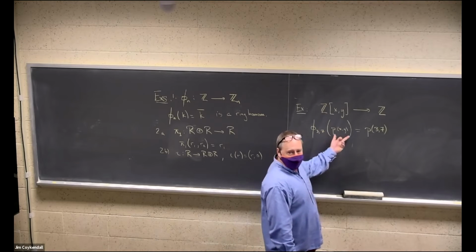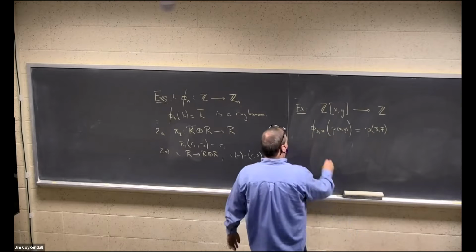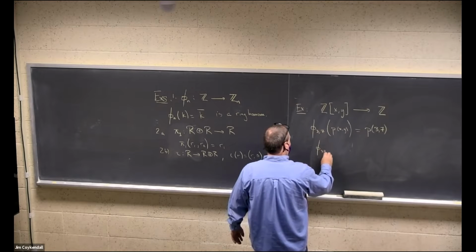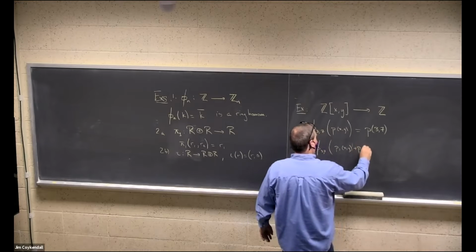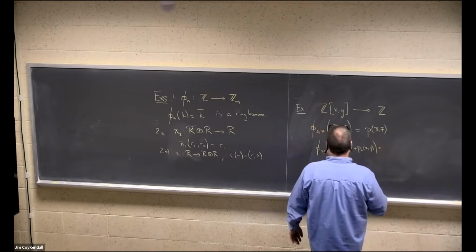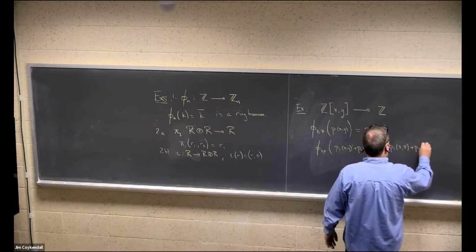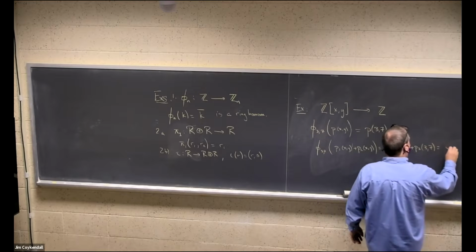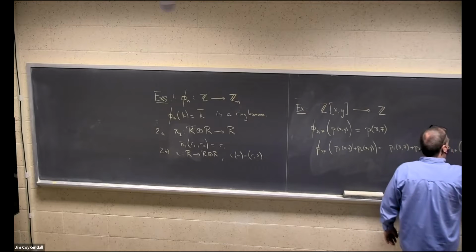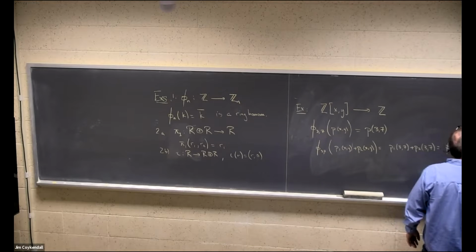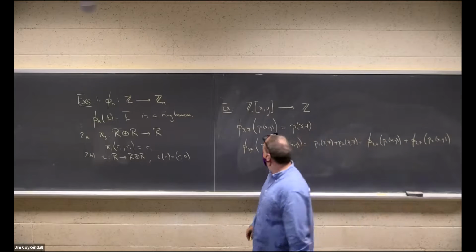Notice that my input is a polynomial in two variables, and my output is an integer. I'm going to plug that in. This is sometimes called an evaluation homomorphism.